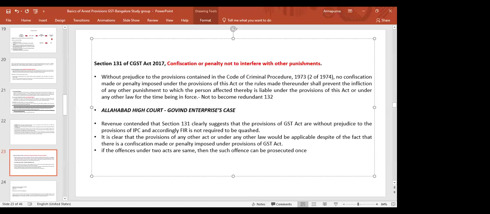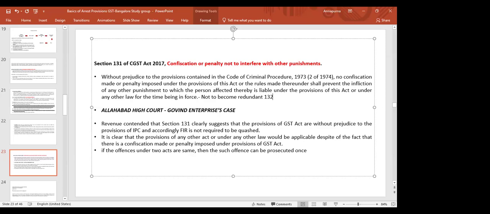Take a law we are familiar with, income tax. Income tax we can take, sir, income tax and GST. They say you have done this transaction and not deducted TDS, so they will launch prosecution under income tax. But if it is the same offense, can they do it under both laws, sir? That was my question, actually.